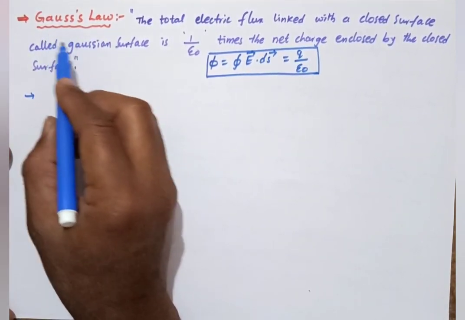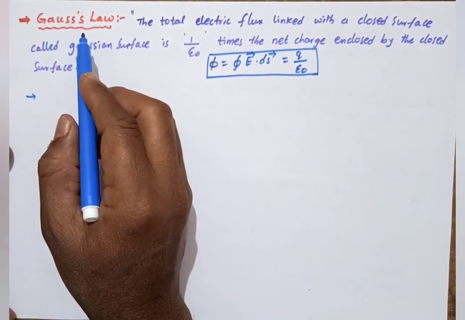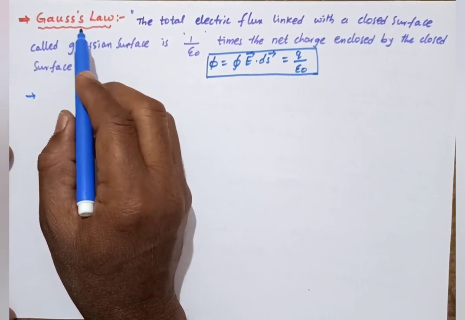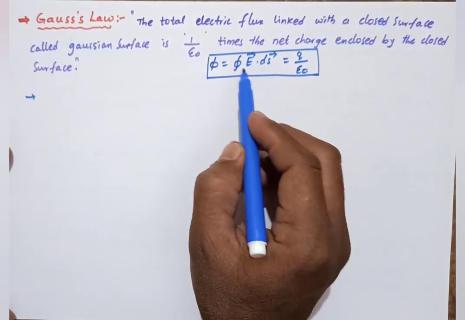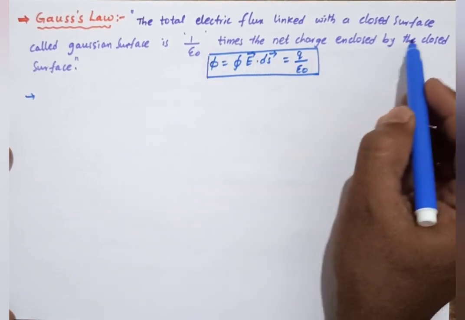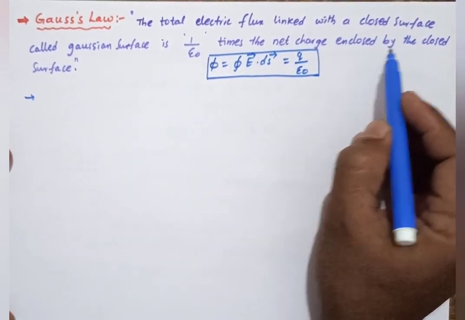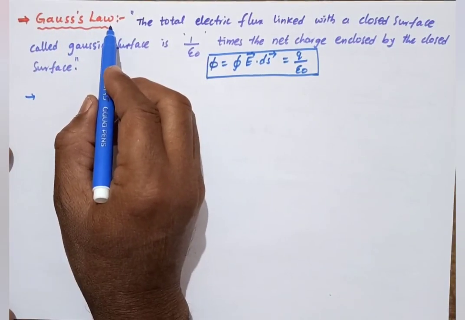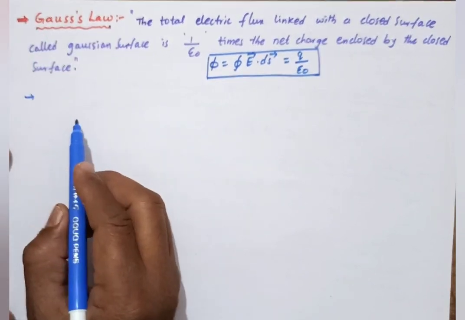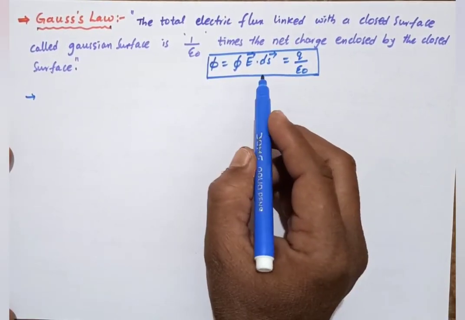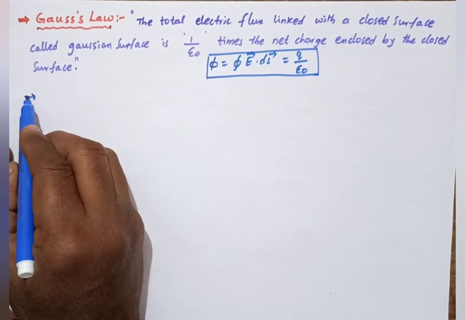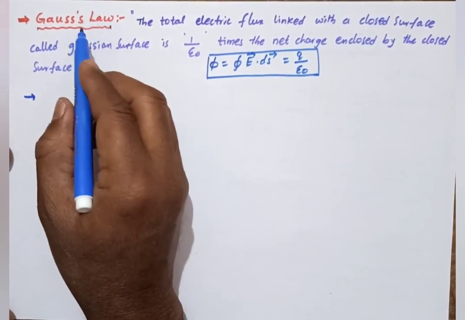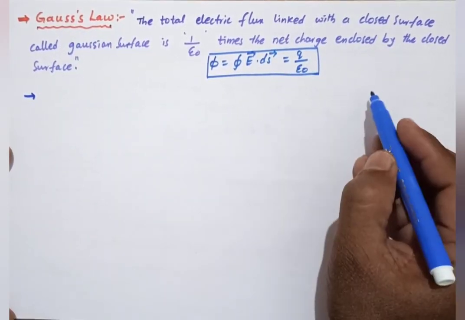Okay, the Gauss law is used to derive the equation for the electric field of any closed surface. So here the Gauss law is explained with a diagram, so we can derive the Gauss law equation for a closed surface.